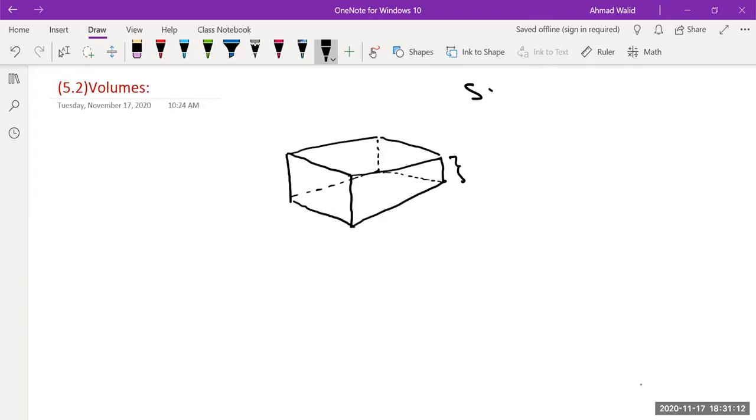Let's remember, we are dealing with solid shapes now. If you remember when we started with the areas, how to find the area under a curve, we started using the Riemann sum, right?